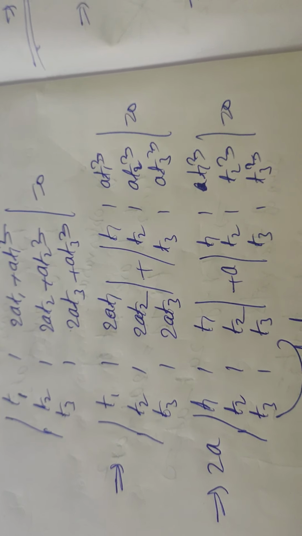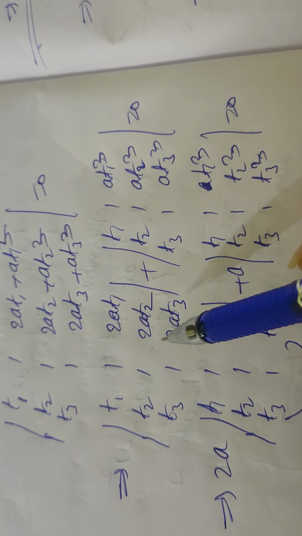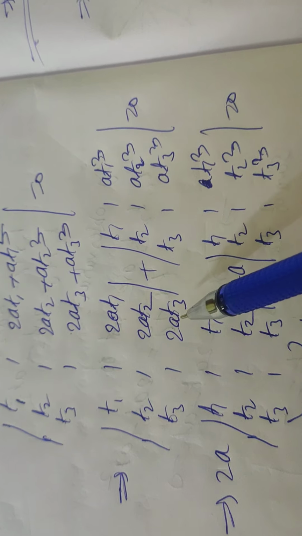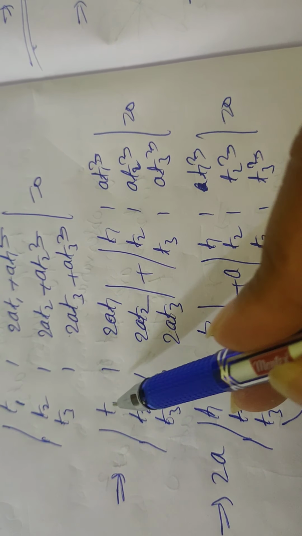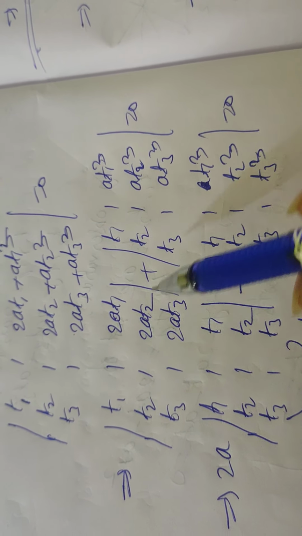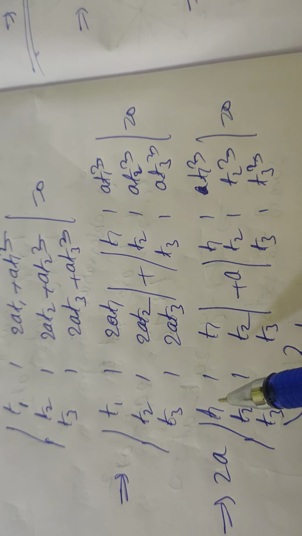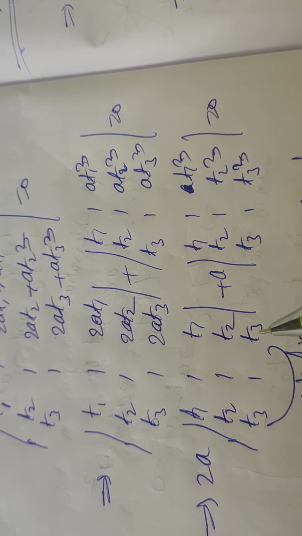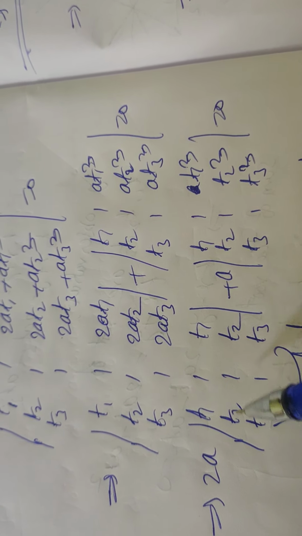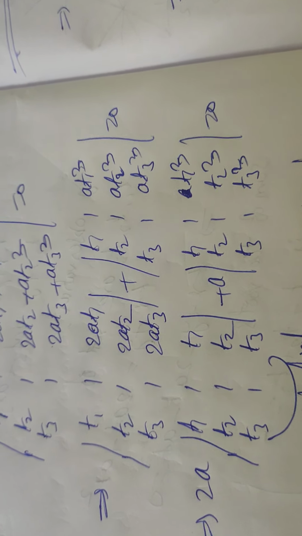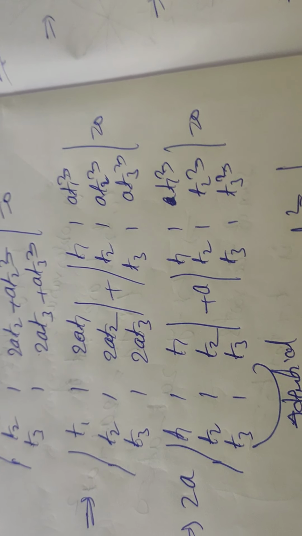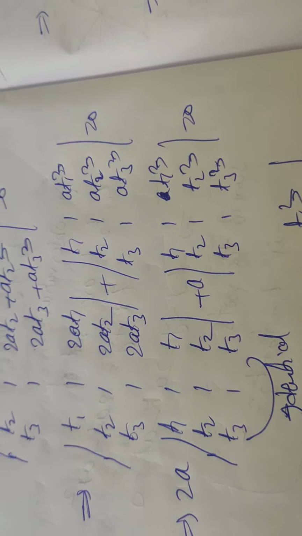Next, when you observe the first determinant, you can take 2a common from the third column, then t1, 1, t1; t2, 1, t2; t3, 1, t3. The first and third columns are identical, corresponding elements are equal. If two rows or two columns are identical, then the determinant is equal to 0.